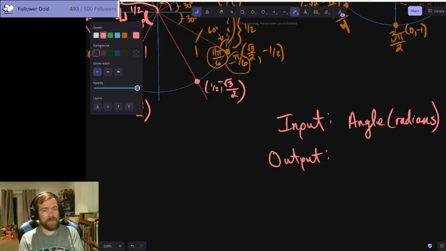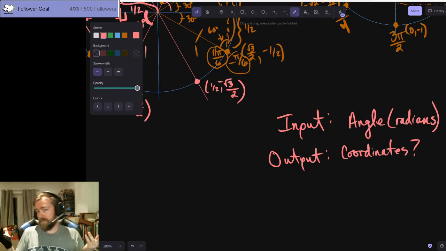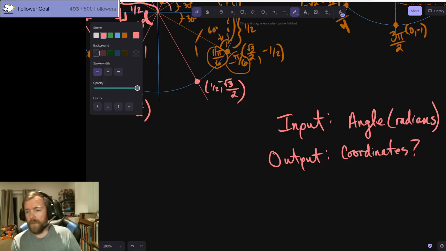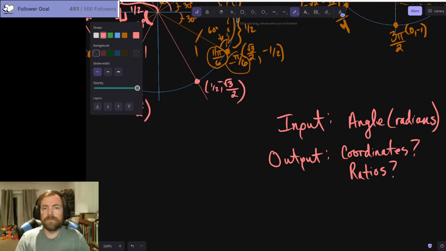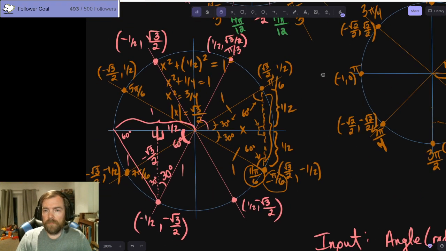Our outputs for these particular functions that we're finding here could be coordinates, could be ratios, right?